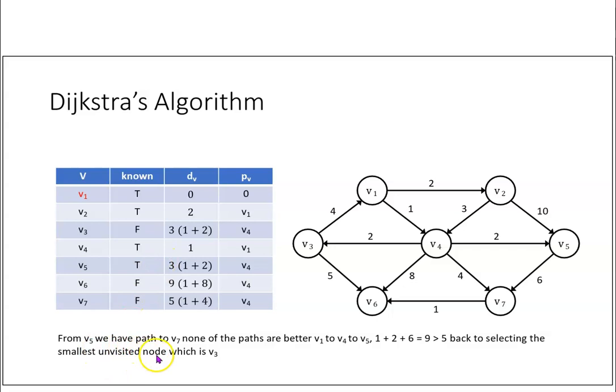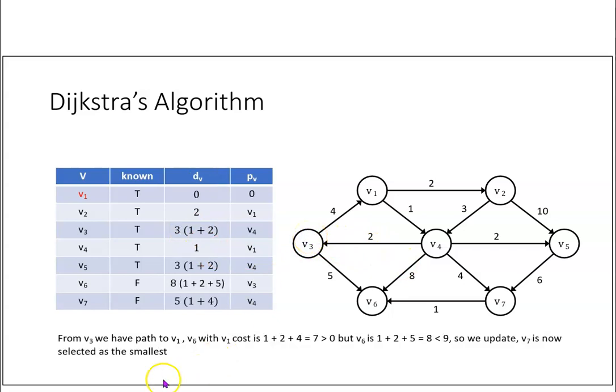From V5, we have a path to V7. None of the paths are better than V1 to V4 to V5. So we go back to selecting the smallest unvisited node, which in this case is V3. From V3, we have a path to V1 and V6.